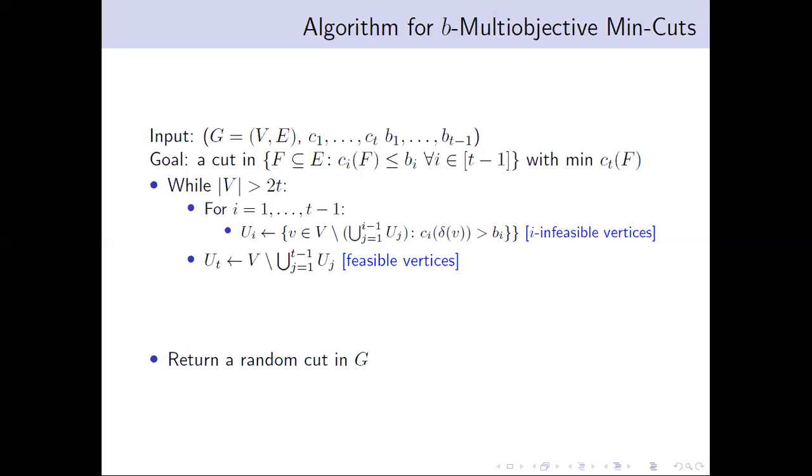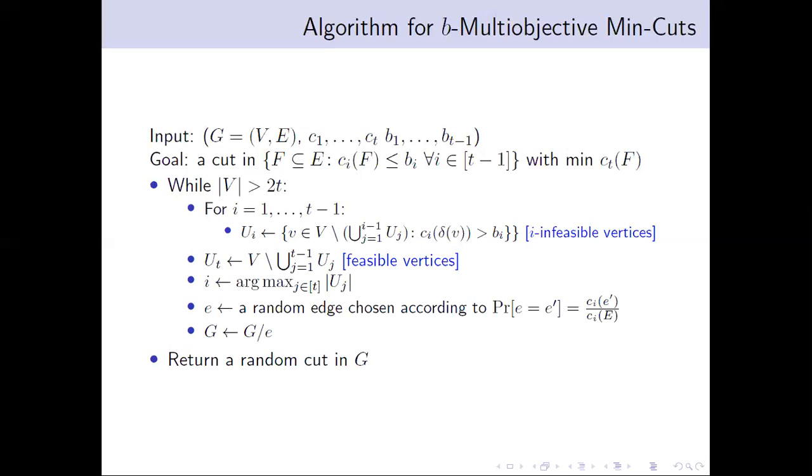Ut is the set of feasible vertices. That is, vertices which induce cuts that satisfy all of the budgets. We choose whichever of these t sets we've just defined is the largest, and let i be its index, and then contract an edge chosen in proportion to its Ci cost.